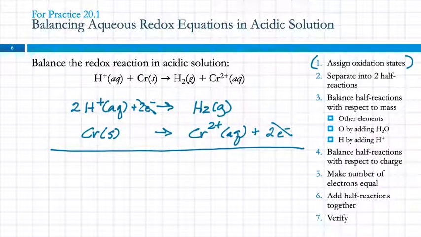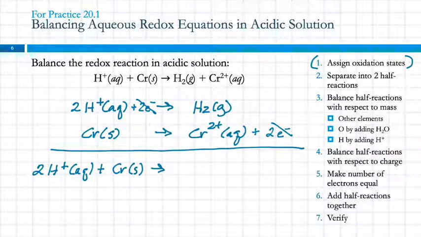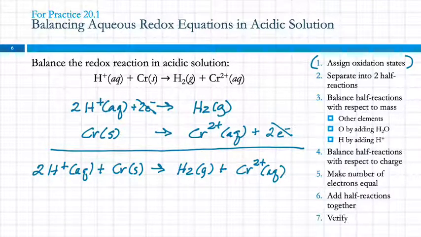So the electrons are essentially canceling each other out, and then I'm just going to copy down the rest of the stuff. So 2H+ aqueous plus Cr solid, making H2 gas plus Cr2+ aqueous.